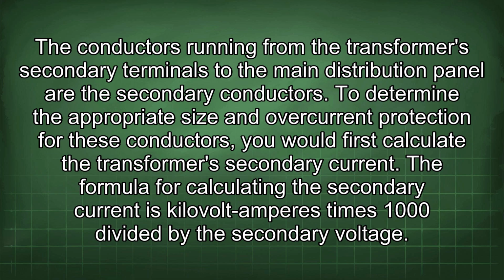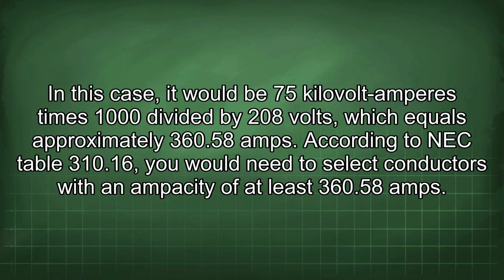The formula for calculating the secondary current is kilovolt amperes times 1000 divided by the secondary voltage. In this case, it would be 75 kilovolt amperes times 1000 divided by 208 volts, which equals approximately 360.58 amps.